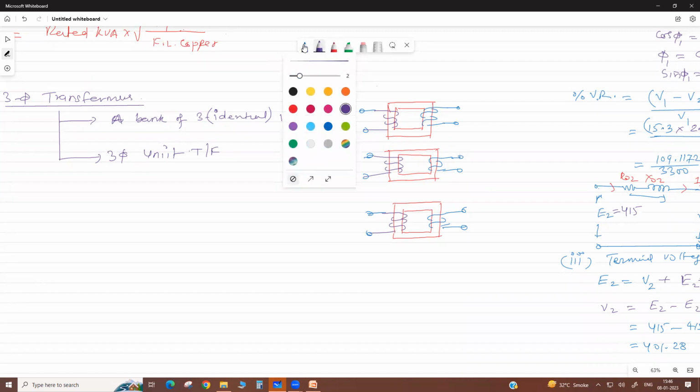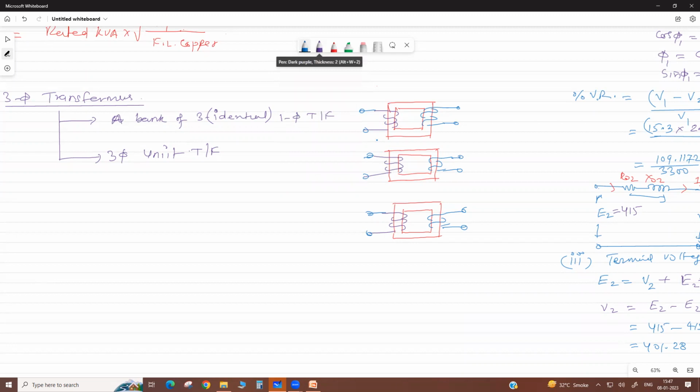We can connect these three primaries either in star or in delta. If we connect in delta, we short these and give the supply here, here, and here. Or this you short, and you give the supply to this. So it is called star-star, maybe delta-delta, star-star, like this.